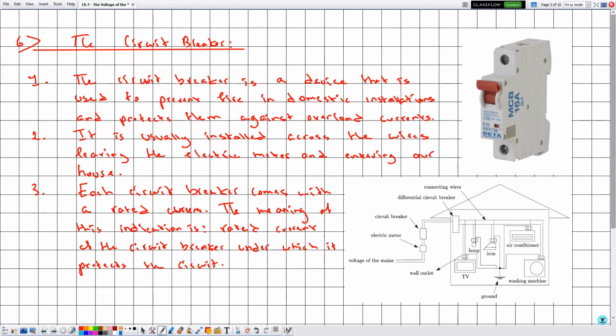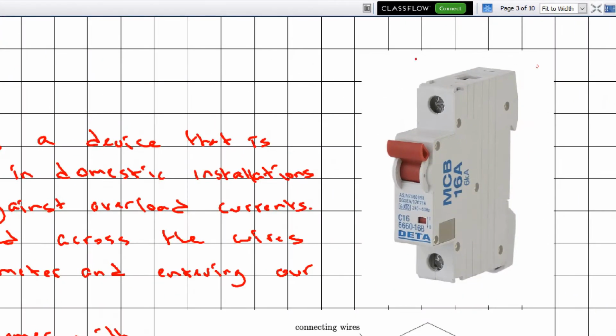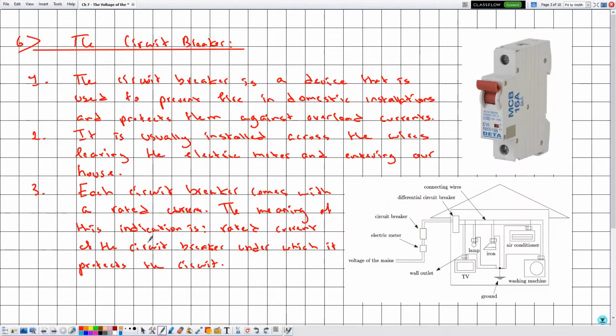Okay, now as you can notice, this is similar to the fuse, but what's different between them is that we use this one in the case of AC voltage, and the fuse we use in the case of DC voltage.